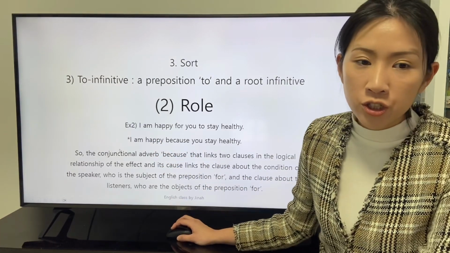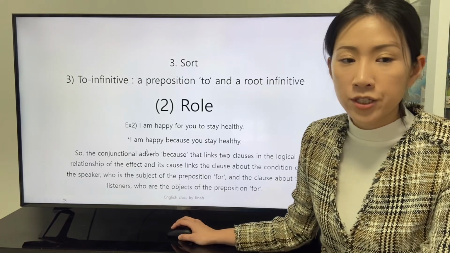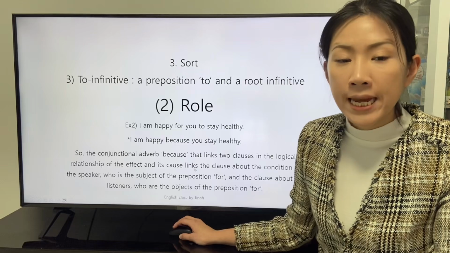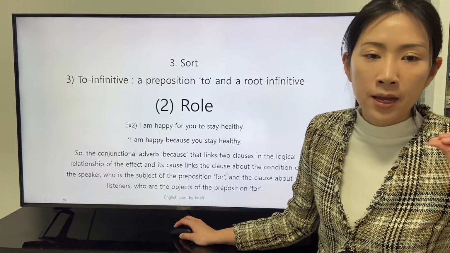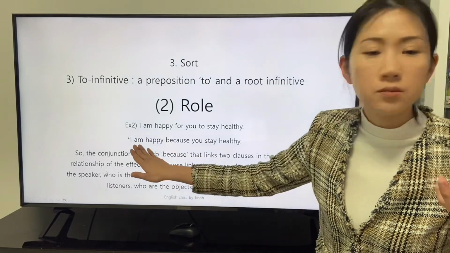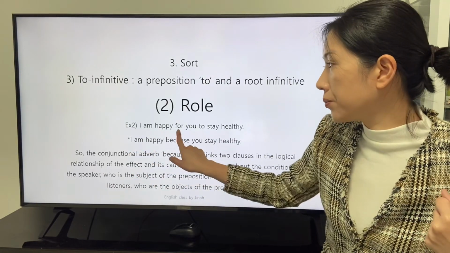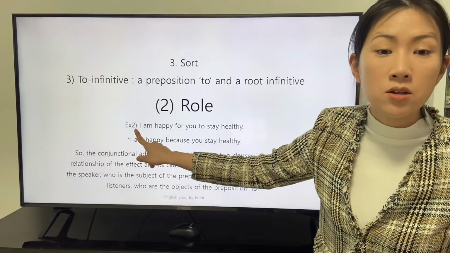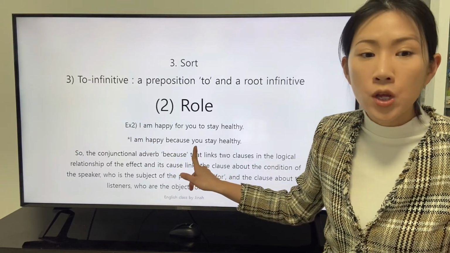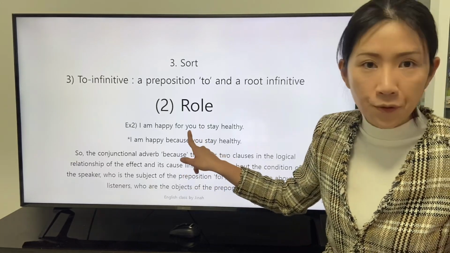The conjunctional adverb because links the clause about the condition of the speaker, who is the subject of the preposition for, and the clause about the listeners, who are the object of the preposition for.